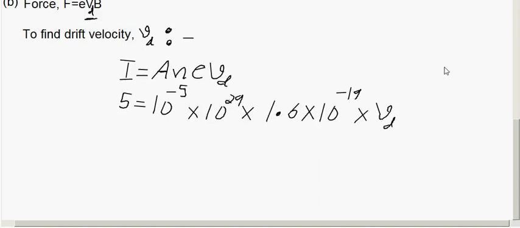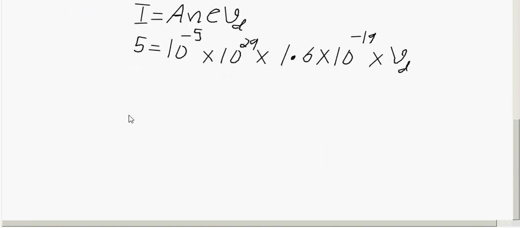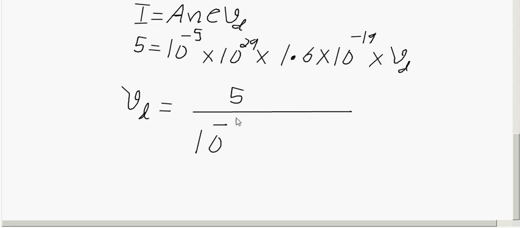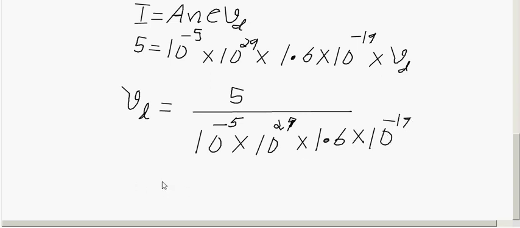Therefore vd will be equal to 5 divided by 10 raised to the power minus 5 into 10 raised to the power 29 into 1.6 into 10 raised to the power minus 19.